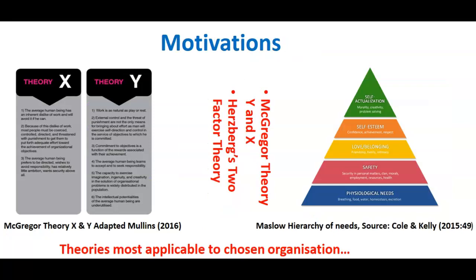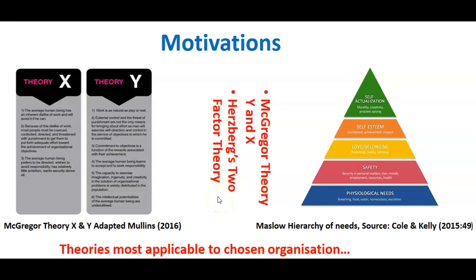I've also included here motivations. Again, this is learning outcome 2. I've reflected on the motivation theories that we have covered, which is McGregor, theory X and Y, and Herzberg's two-factor theory as well.